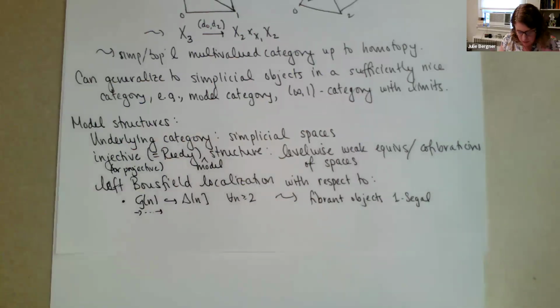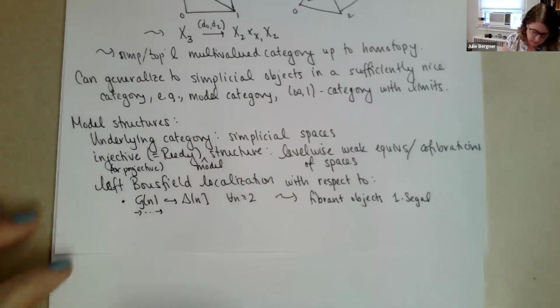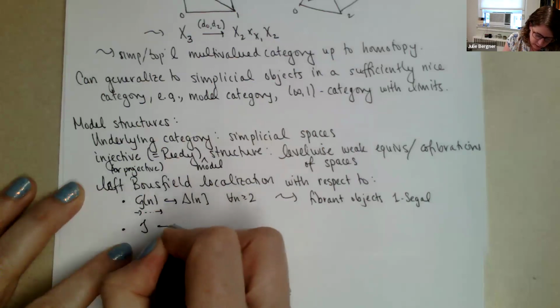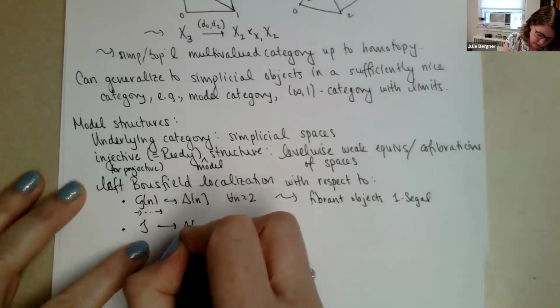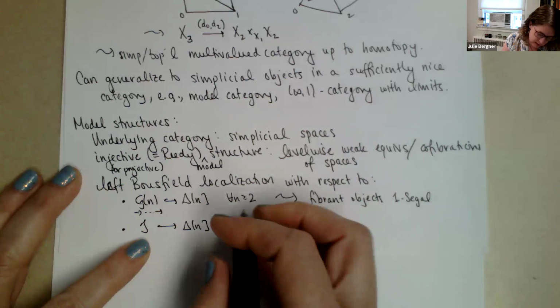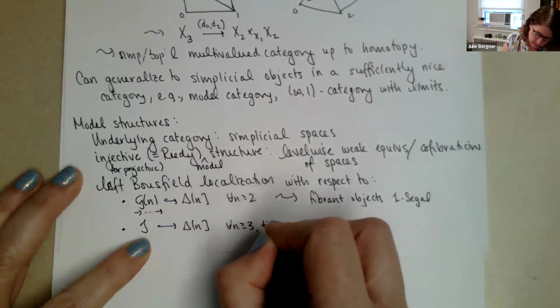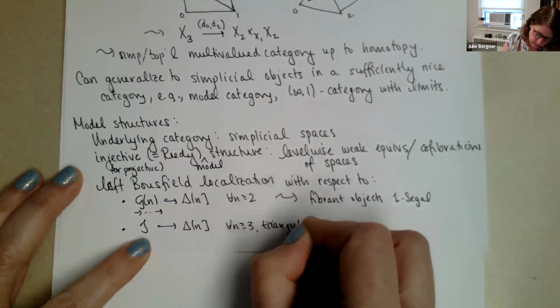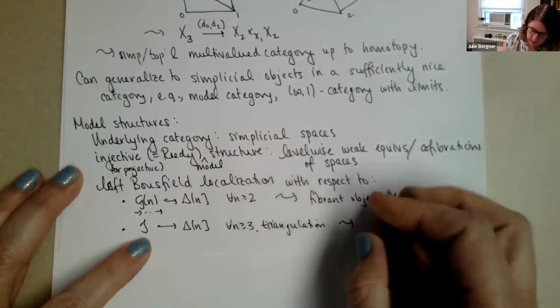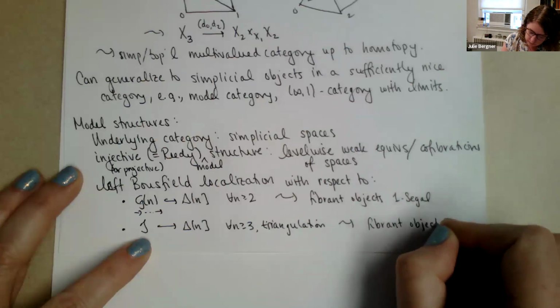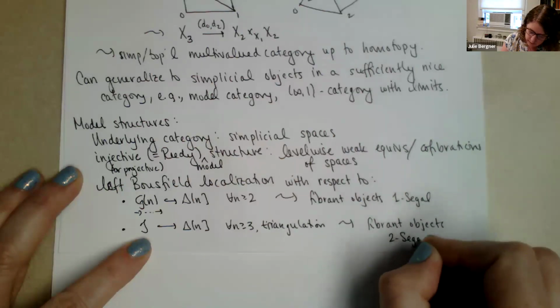And yeah, if we're localizing the Reedy model structure, they'd also be Reedy fibrant. And then we have these inclusions of triangulations of polygons into Delta^n for every n greater than or equal to 3, a triangulation of an n-gon, and then you'd get something where the fibrant objects are 2 Segal. Okay.